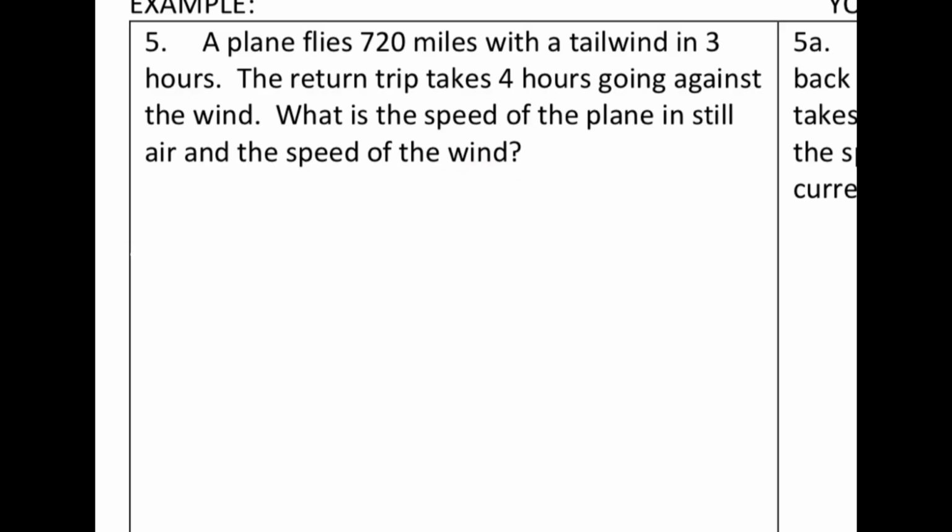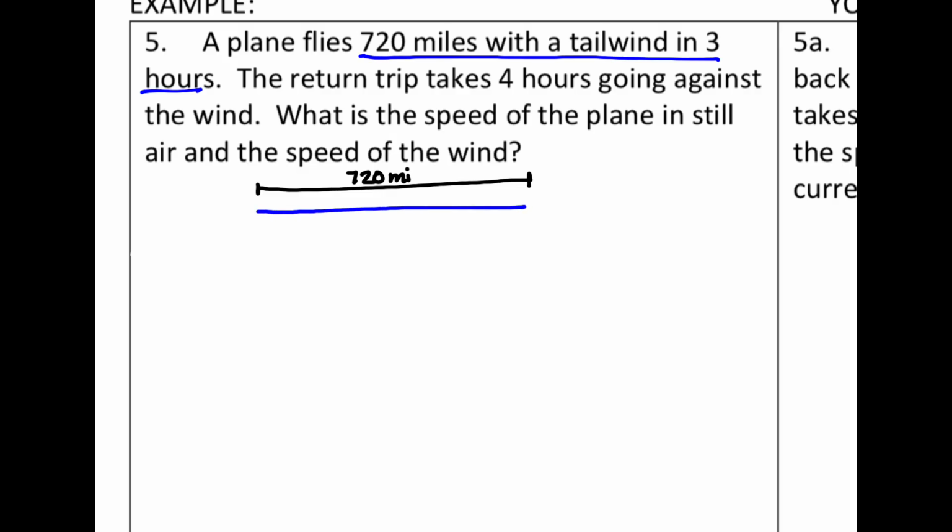Okay, so let's see what we've got. So I'm going to draw it out just a little bit for you. Okay, so here is the 720 miles. All right, we have a plane going with the tailwind in 3 hours. So here's the plane going the whole 720 miles with a tailwind.